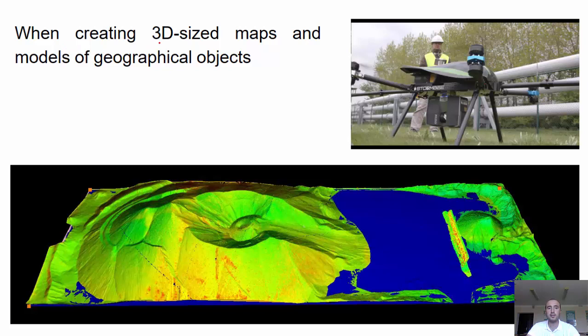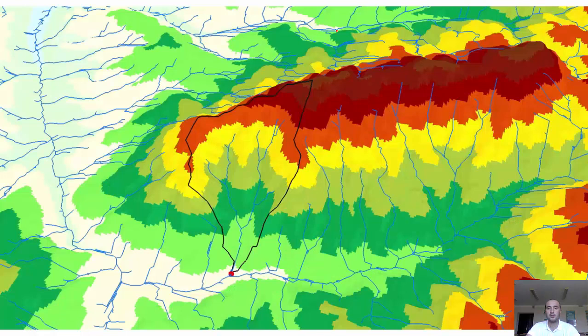When creating three-dimensional maps and models of geographical objects, we also use geographic information systems. And in this video we can see a three-dimensional map of a mountain, and now I play this video.